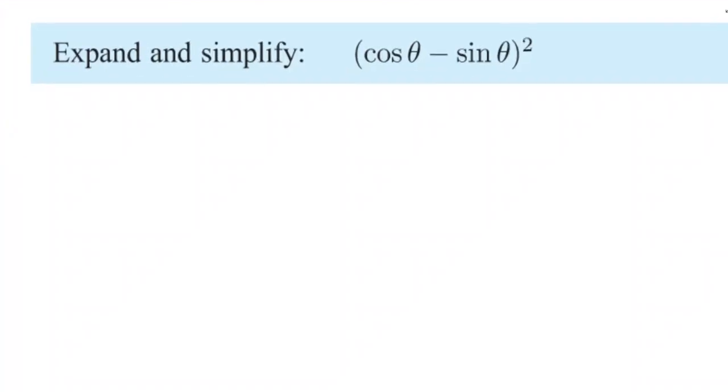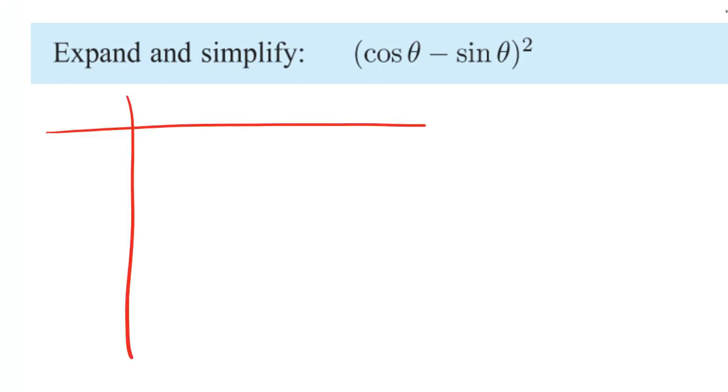Okay, next example, we have to expand some brackets. So this is exactly as you would expect it. We've got to do cosine theta minus sine theta multiplied by cosine theta minus sine theta. I am a big fan of multiplying out using a multiplication grid. So let's write this out.